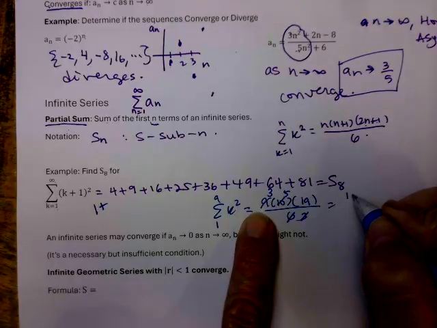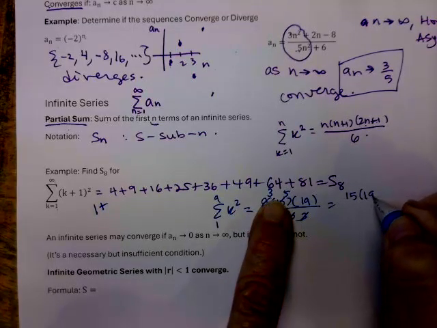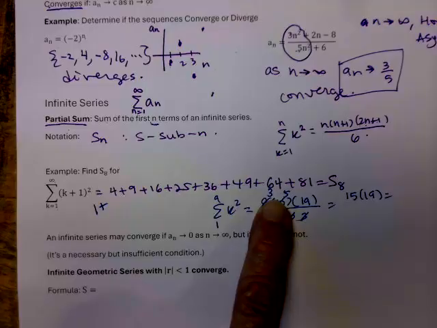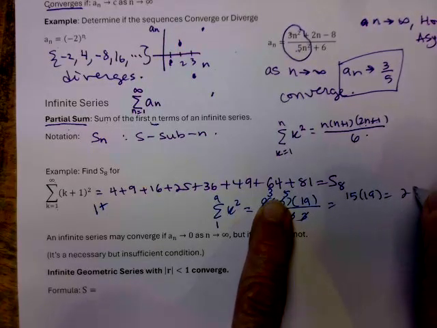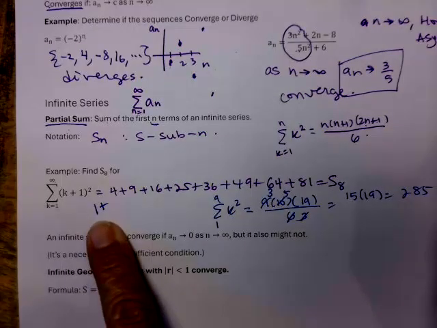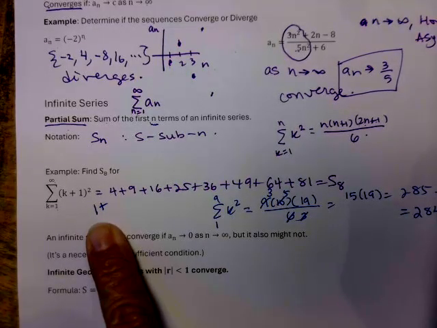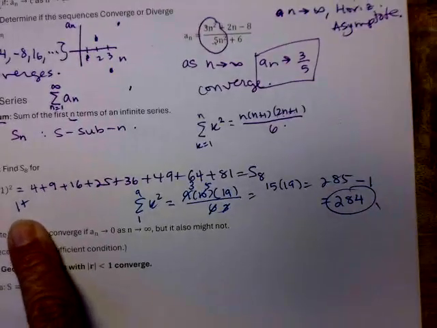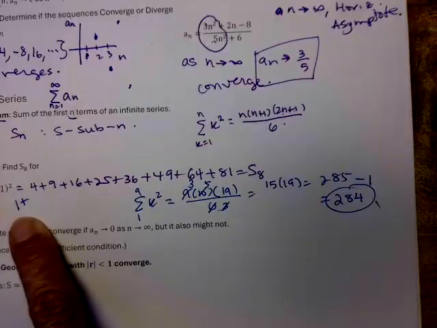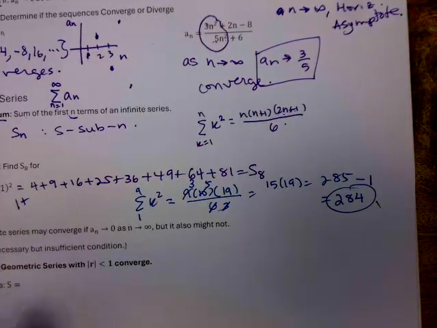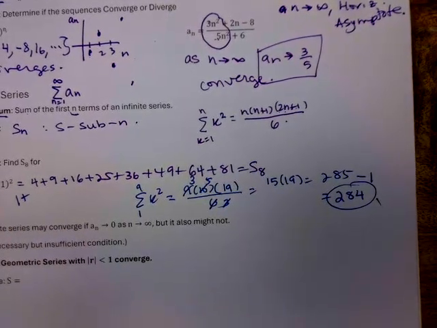That's going to be 15 times 19, which is 285, but I had an extra 1 in there, so the sum is 284. Anybody who went ahead and just added those up because you got tired of waiting for me, I hope I got it right.